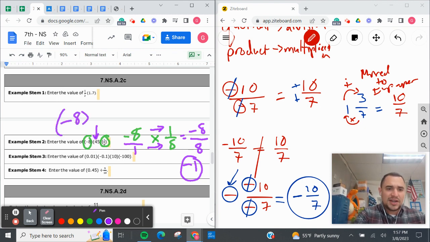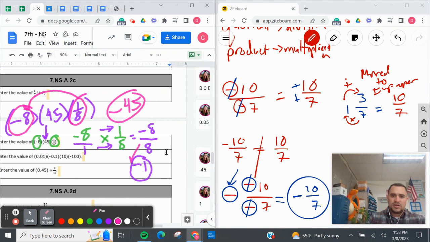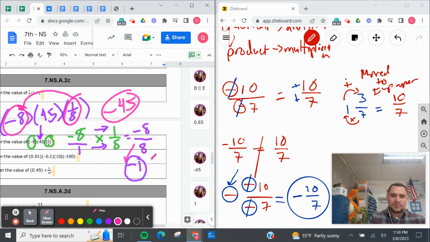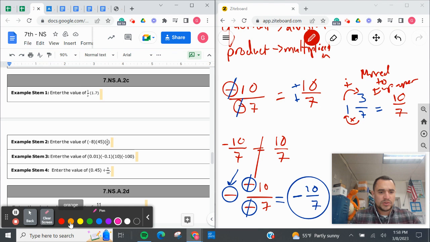So it's -8 times 45 times 1/8. All I did was say this can multiply that. They're all multiplying together, so you can move them around. So -8 times 1/8 gives me -1. So that should be -45. If you look over here, -45 is the answer. So we're looking good. Let's go ahead and clear it and go to the next one.